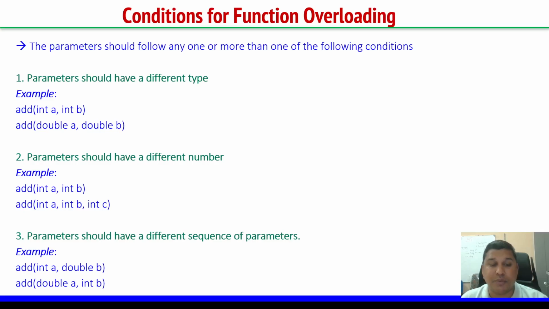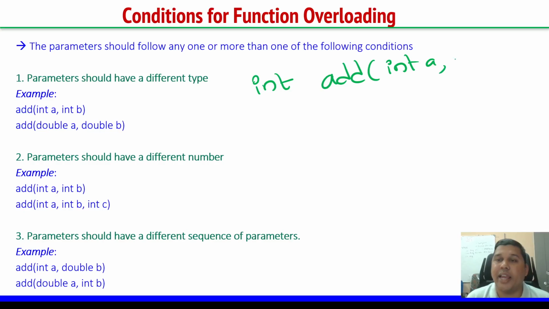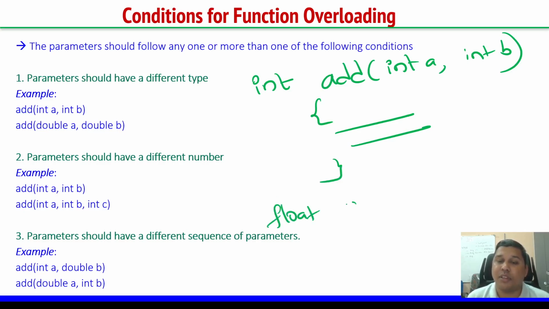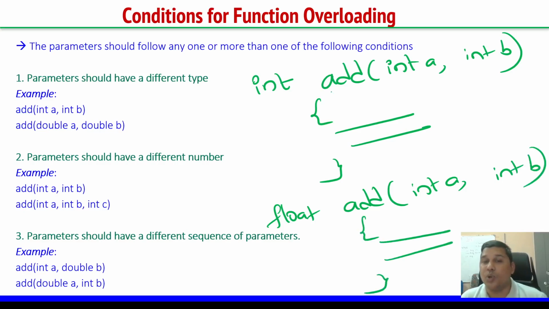Now I have one question for you. I write a function int add int a comma int b in a program, with some statements, and close it. Then I write float add int a comma int b, with statements.